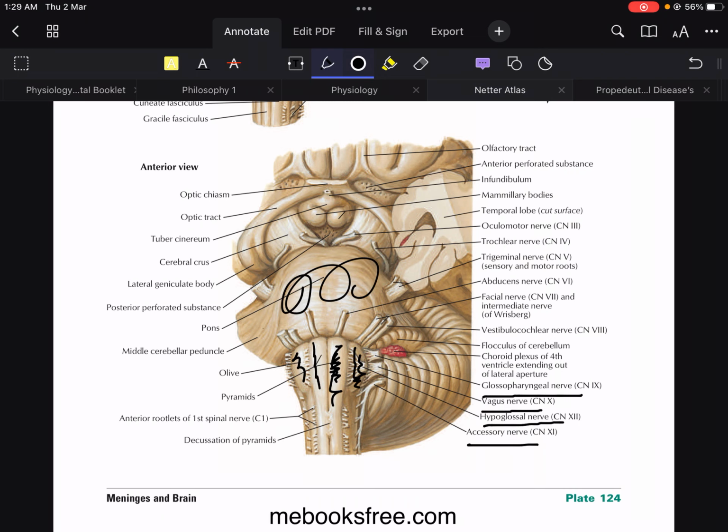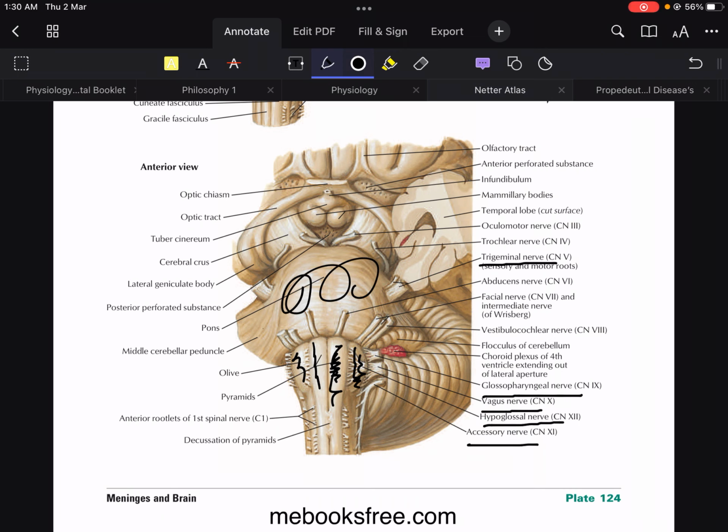The fifth cranial nerve is the trigeminal nerve, which is the most important nerve for dentistry students. Why? Because this nerve is responsible for innervating all the teeth, the gums, parts of the tongue, and also different other parts.